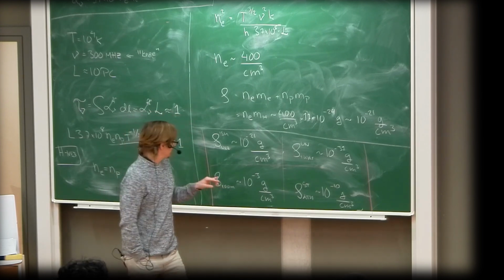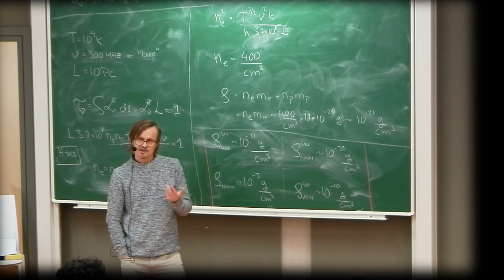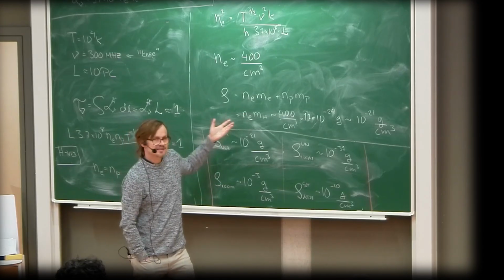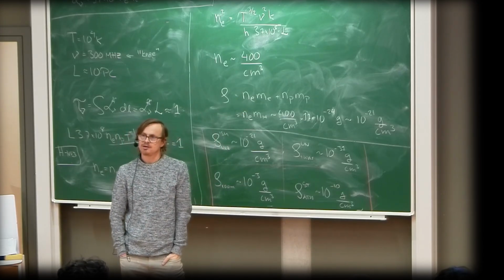So we're dealing with 30 orders of magnitude in densities, but we can use more or less the same physical insights and techniques. Basically what we're doing in the course is applied physics.